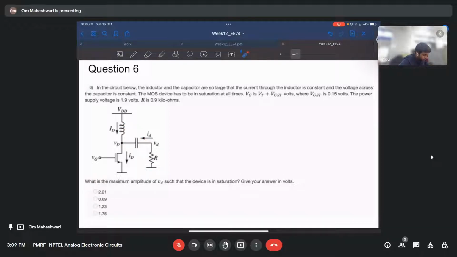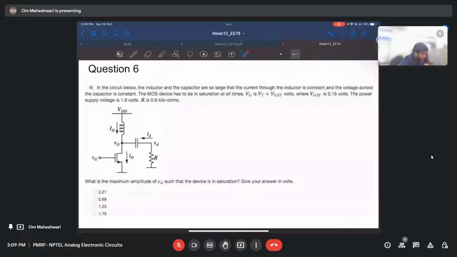A constant voltage, because between this inductor and capacitor there is no resistance, so this VDD cannot drop. There will not be any loss in between, so the capacitor will charge with VDD. Let us see what the question asks.